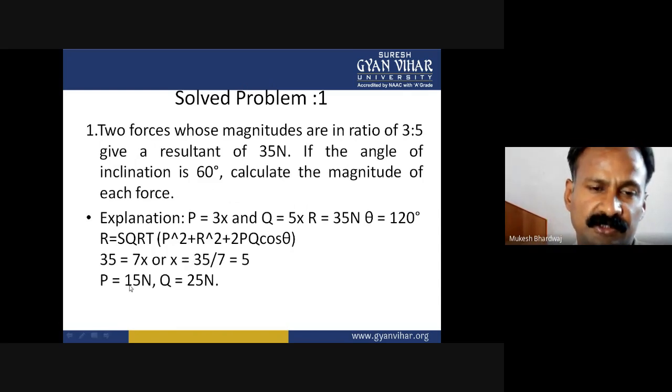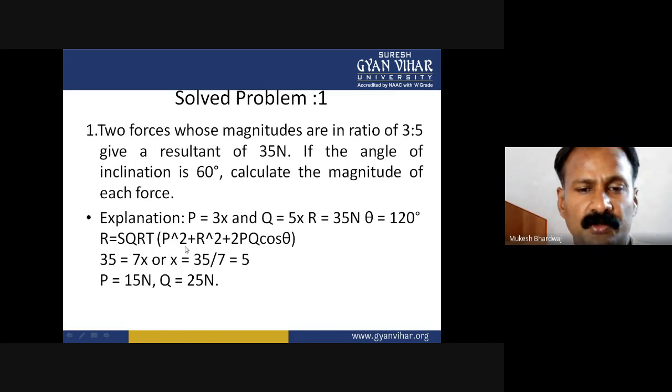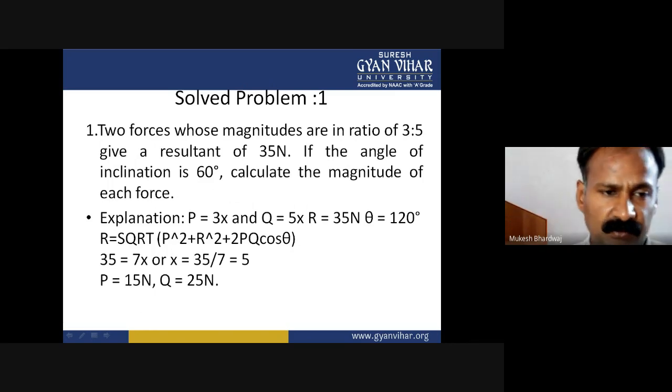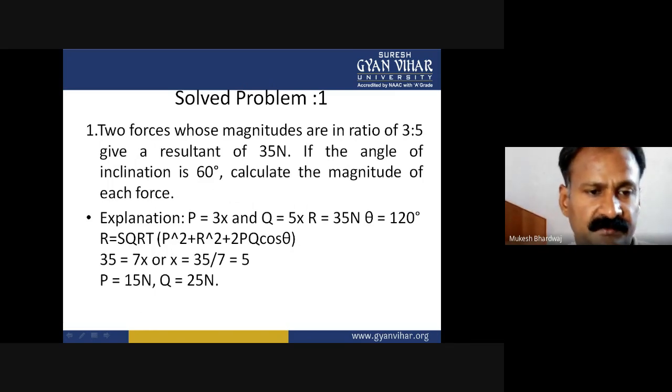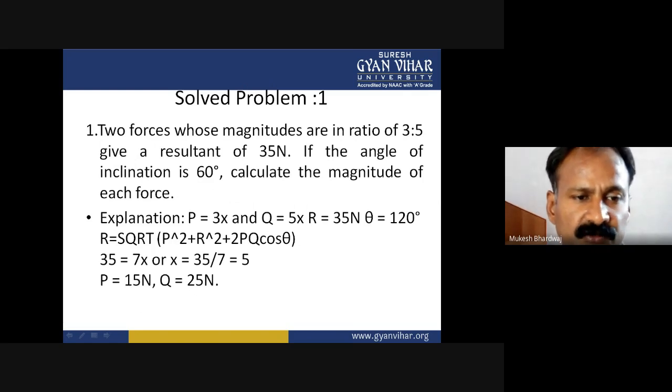R equals square root of P square plus Q square plus 2PQ cos theta. So 35 equals 7x, or x equals 35 by 7, or x equals 5. So P is equal to 15 Newton and Q is equal to 25 Newton.